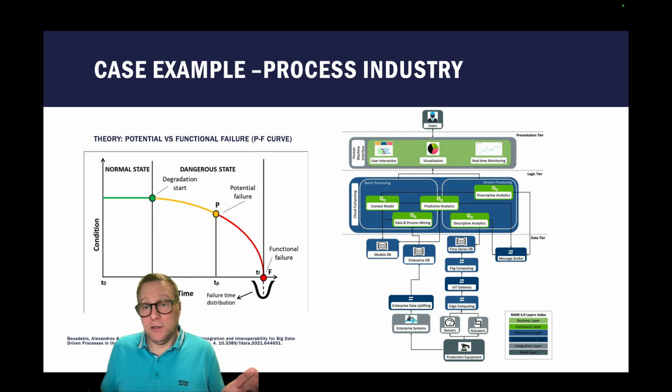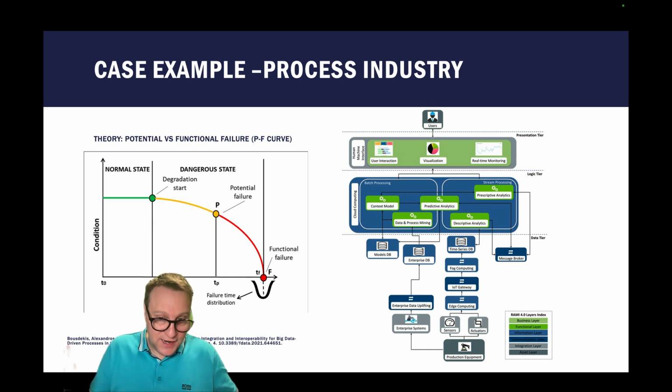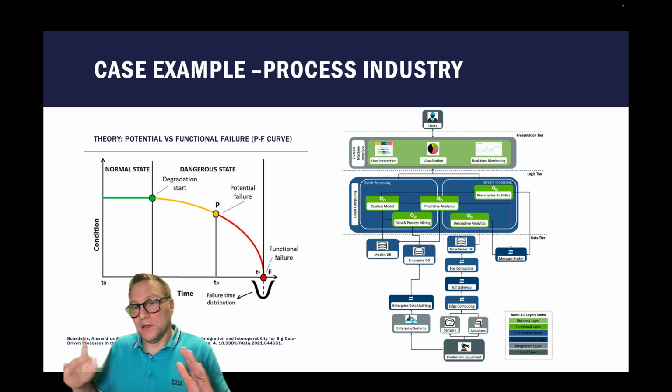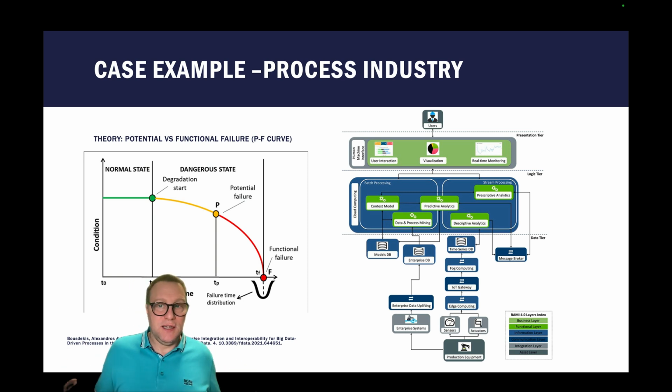It's really also for data science a lot of fun to go into this kind of projects, because you really have to combine from data engineering towards process engineering, towards machine learning models, towards visualization and everything. It's really a fantastic use case. And some of these use cases are really big. If you can solve these problems for your machine park, you are for sure a hero in your company.